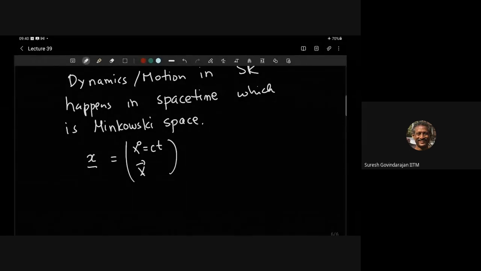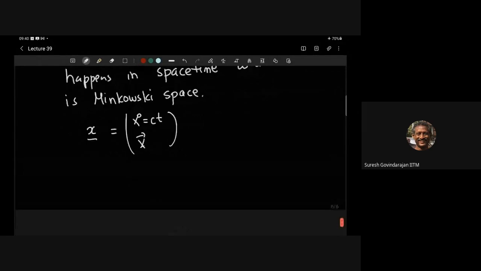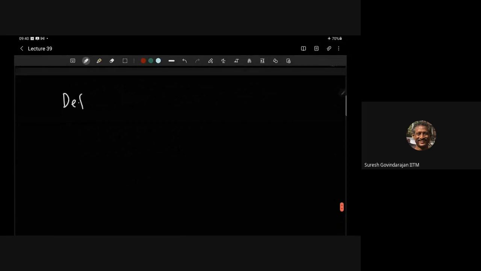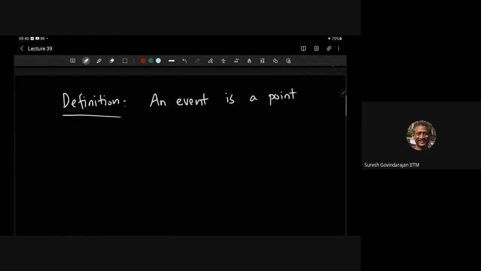We'll define an event as a point in space-time in this setup.